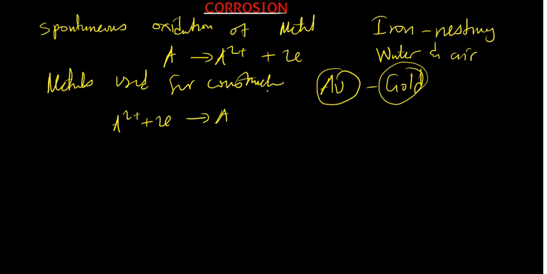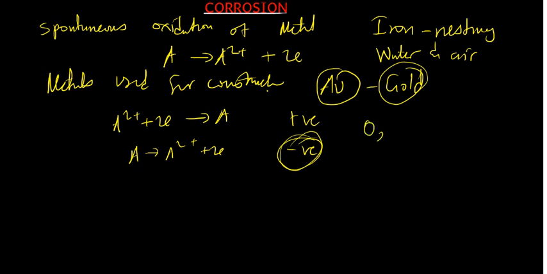So the potentials which are given are reduction potentials, and most metals have got a positive reduction potential, such that when we reverse the reaction so that A undergoes oxidation, it now becomes A going into A2+ plus 2 electrons. Now the cell potential becomes negative. So this value which is negative is now going to be added to the cell potential for oxygen.